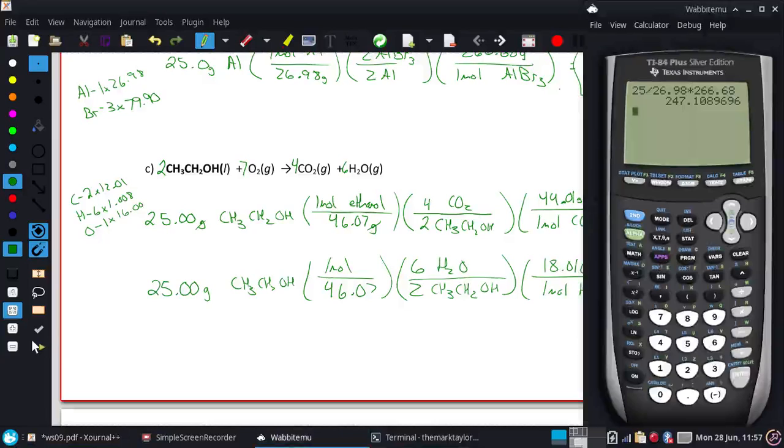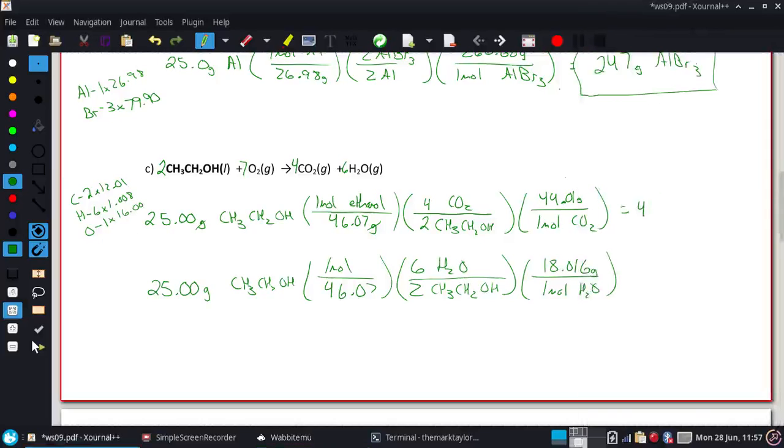And trusty dusty calculator. 25 divided by 46.07 times 4 divided by 2 times 44.01. We get that should be about 47.8 grams.